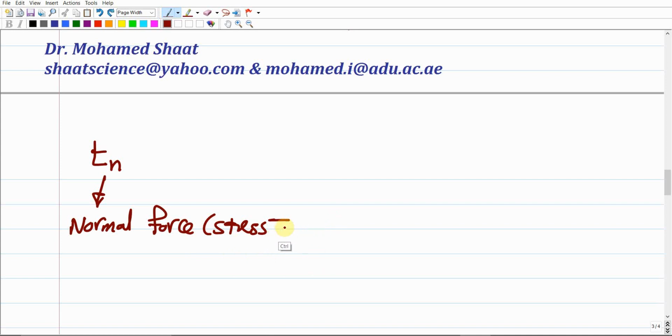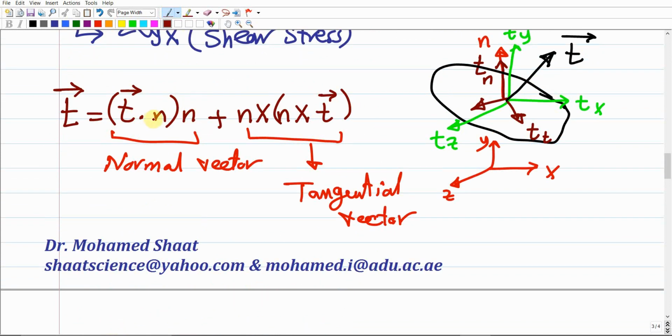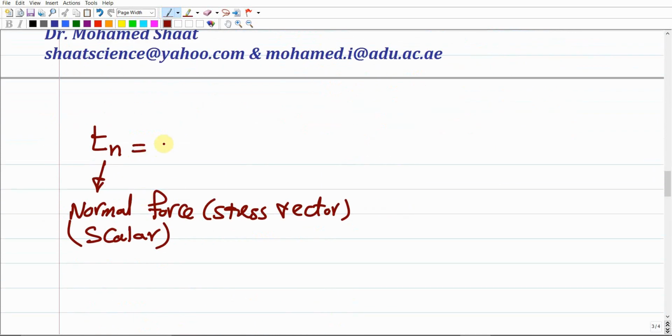It should be a scalar, a scalar quantity. Here I'm talking about the component itself, not the vector. I'm excluding the n and just working with T dot n. So this equals the T vector dot n.